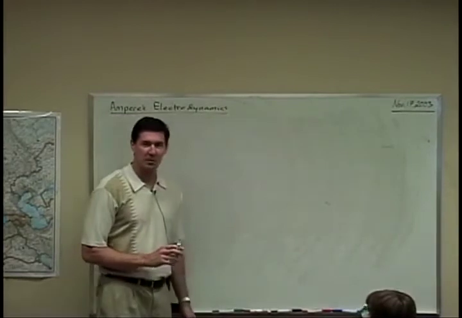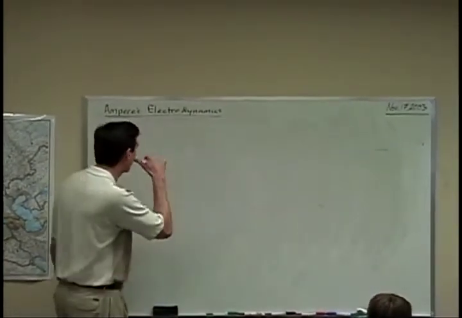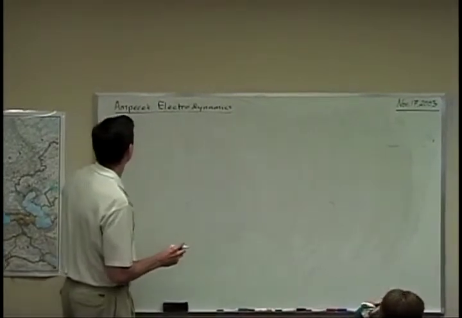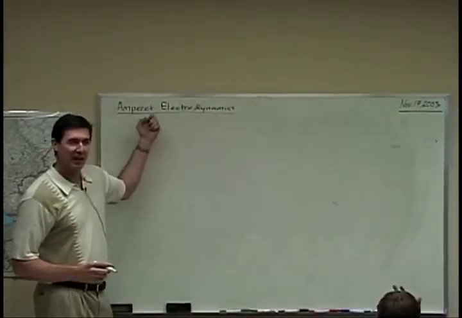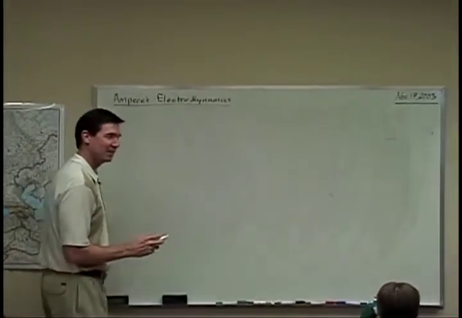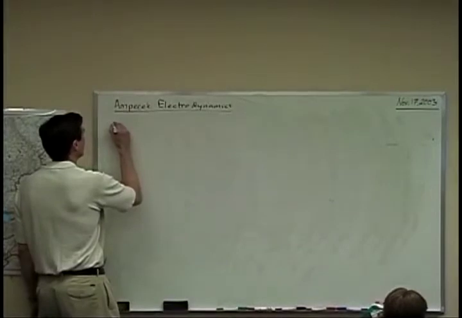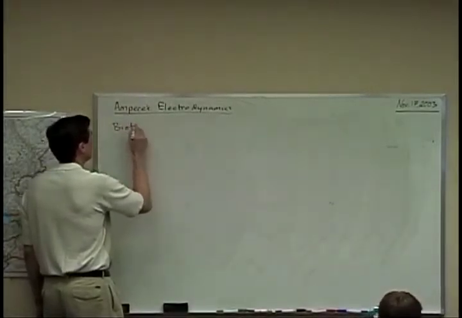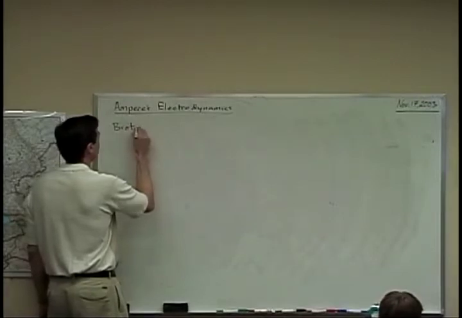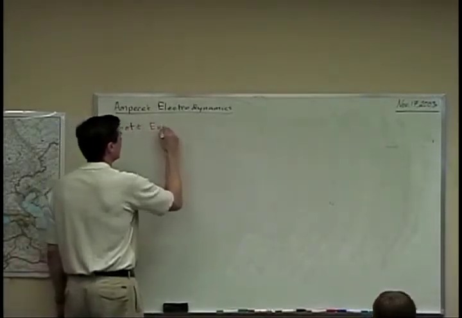So we're going to pick up with the magnetic pendulum experiment that I started to describe for you this morning. Well, this is the general topic, Ampere's electrodynamics, but I'm actually taking a slight detour to describe an experiment done by a colleague of his, Biot.